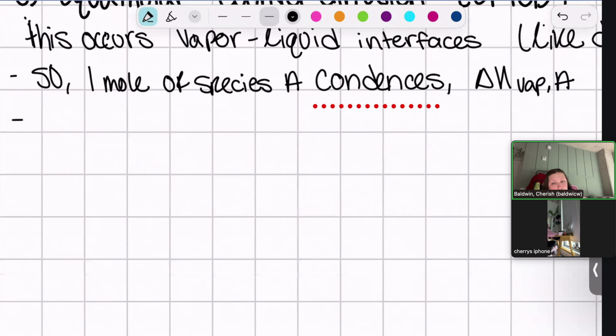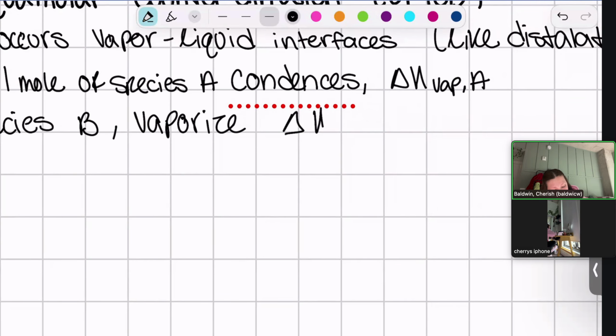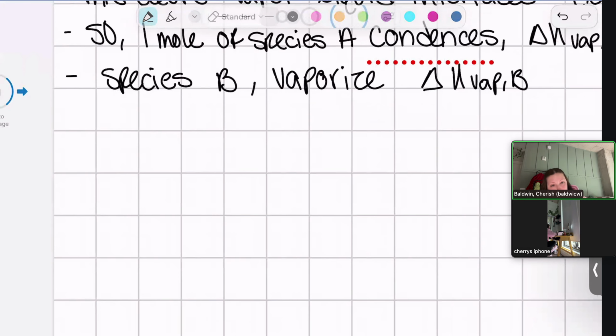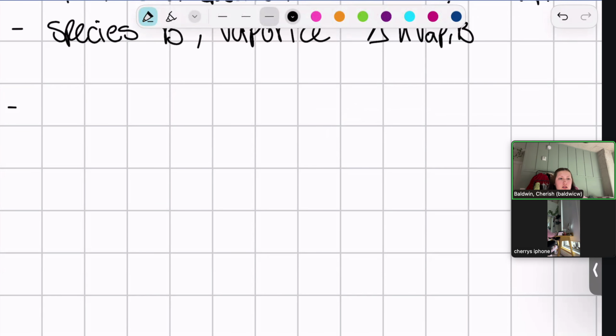So this is exactly enough energy to vaporize species B, which takes up a certain amount of energy as the enthalpy of vaporization of B. Because the enthalpy is constant, there's no change.